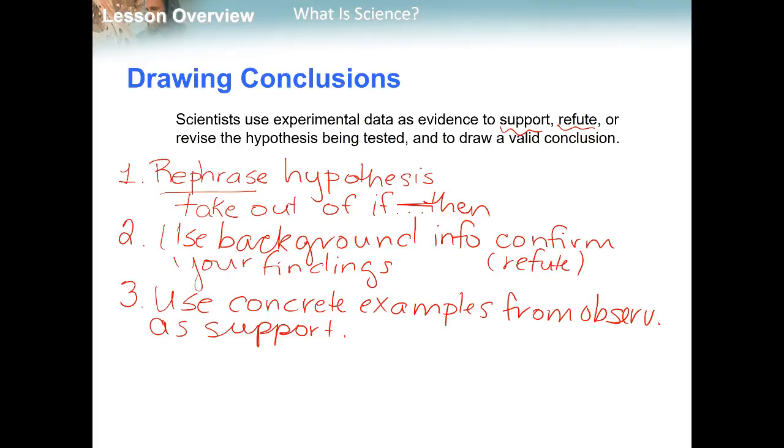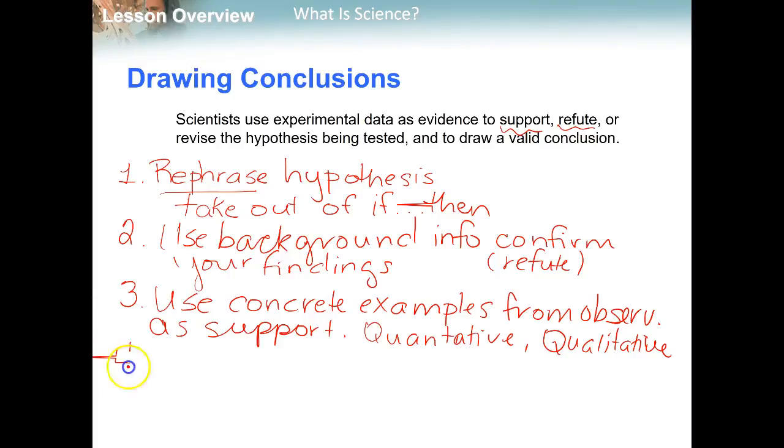So we're going to give measurements. We're going to use quantitative examples when we can. And we're going to use qualitative examples when we can for this. So we're going to be using those concrete examples to back up what we said.